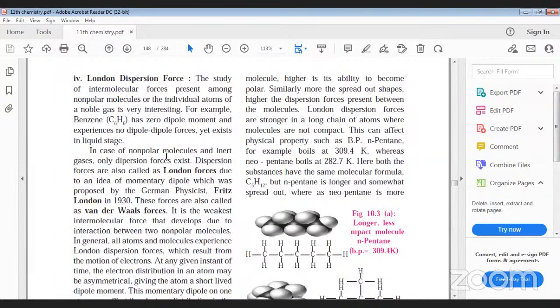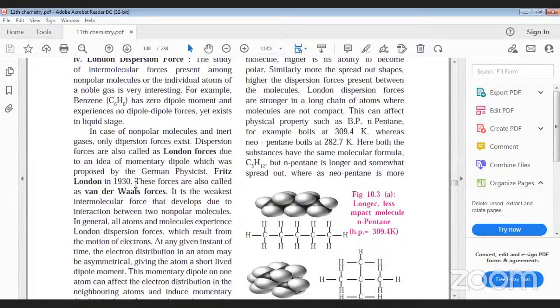Now, in the case of non-polar molecules or inert gases, what exists? Dispersion forces exist between non-polar molecules and inert gases. Now, what are these dispersion forces? They are also called London forces, and they are actually momentary dipoles.